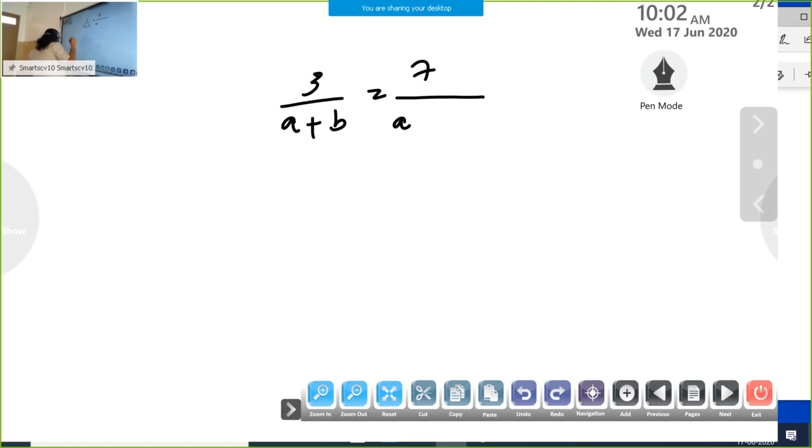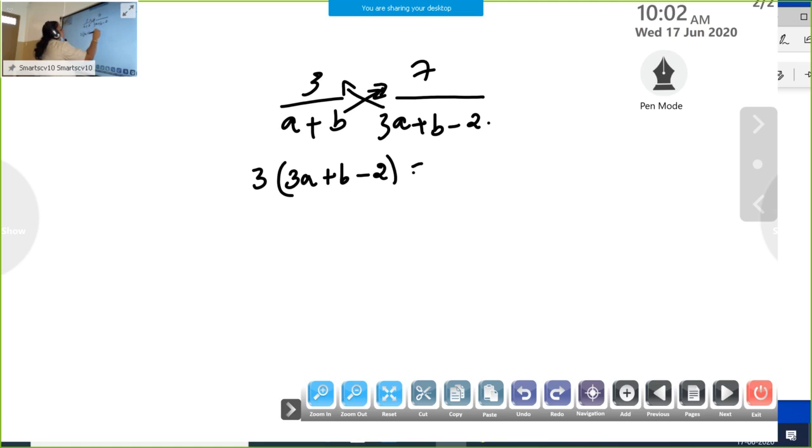Cross multiply: 3 into 3a plus b minus 2 is equal to 7 into a plus b.